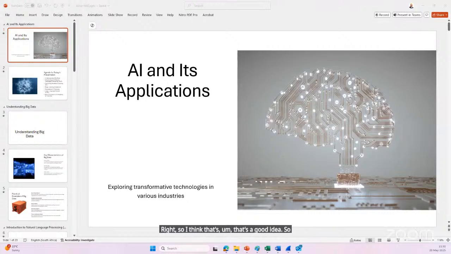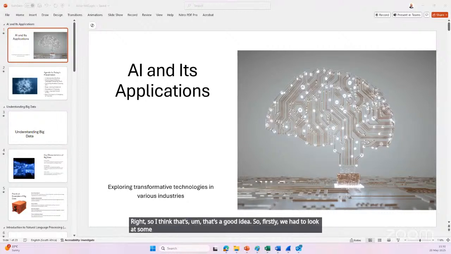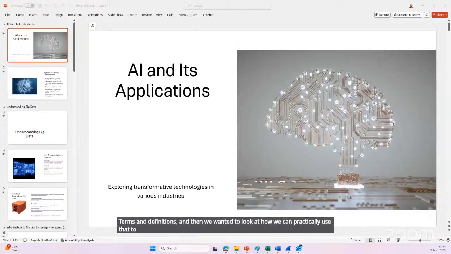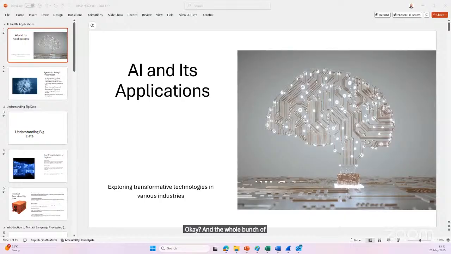So firstly, we had to look at some of the AI technologies and AI terms and definitions, and then we wanted to look at how we can practically use that to solve problems. Then we went into answering a whole bunch of questions, of course, okay? And there were quite a few of them, and it took us a little bit of time.